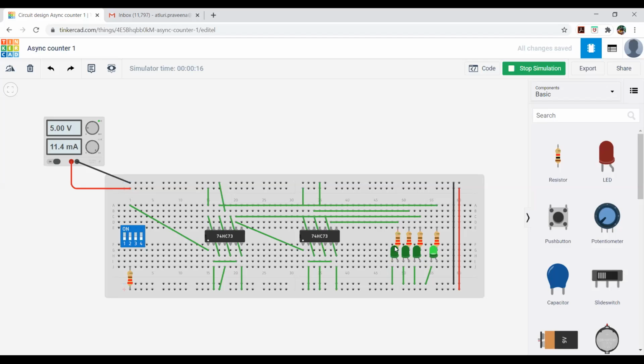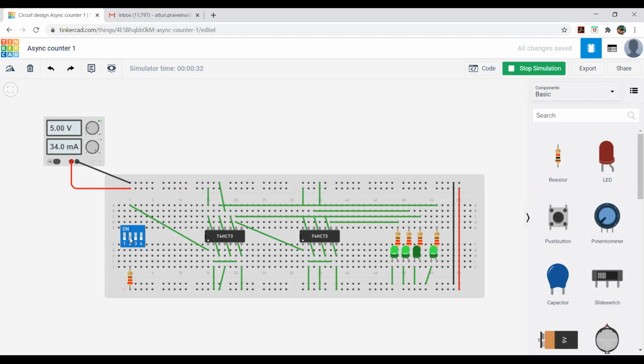And you can observe the count here. So now it is counting the first pulse. Now if I keep switching it on and off, second pulse, third, fourth, please look at the LEDs. So this is how it is working as a counter. It is incrementing the counts, and it will do that till it reaches the maximum count of 15.